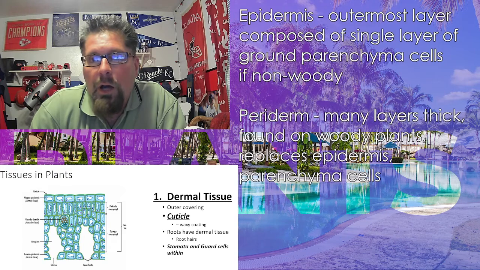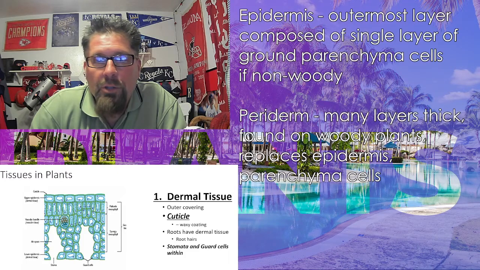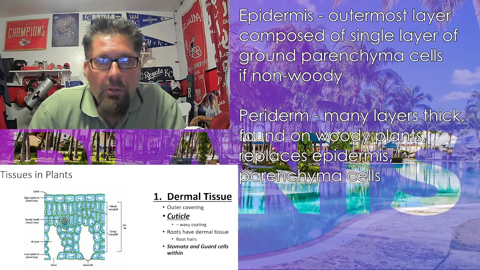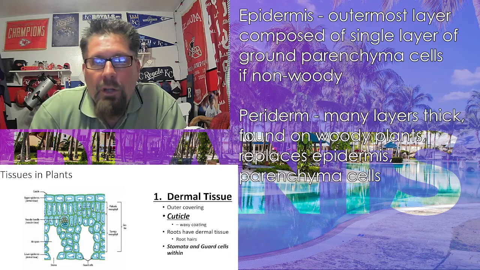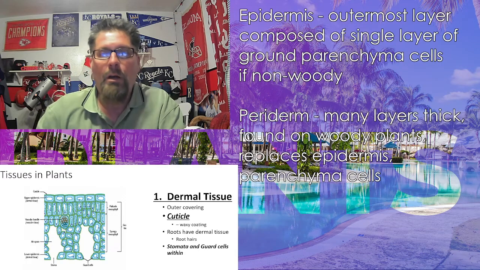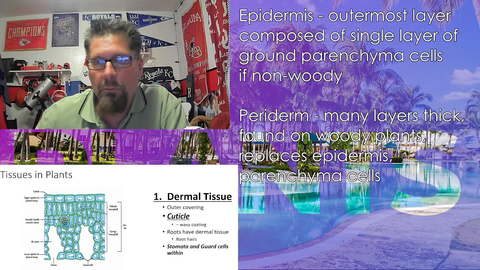So dermal tissue, that very top and the very bottom, and then the ground tissue that you can see there, and in that really small circle, not quite in the middle of that diagram but a little bit to the left, you can see where that vascular tissue is, the xylem and phloem, that small circle in the middle.